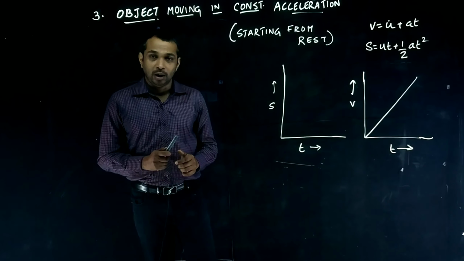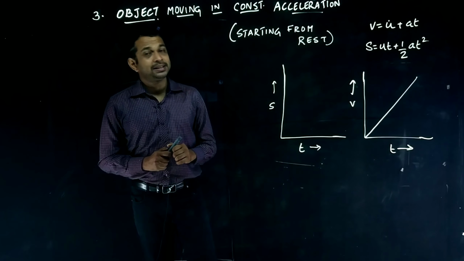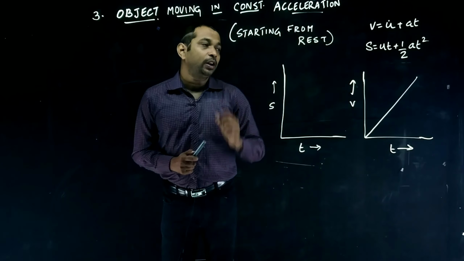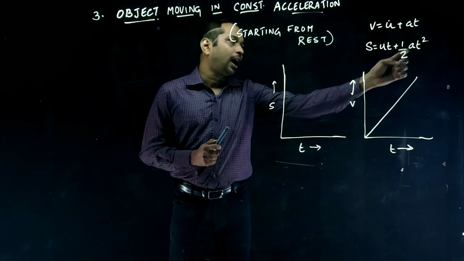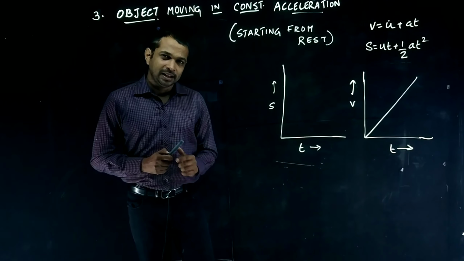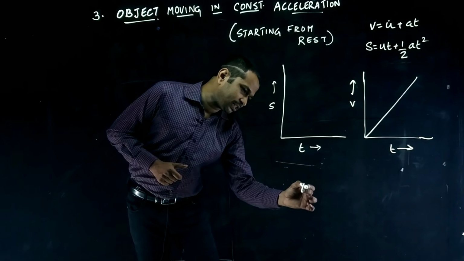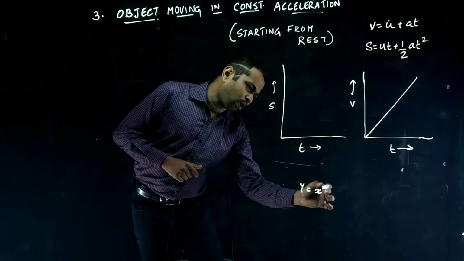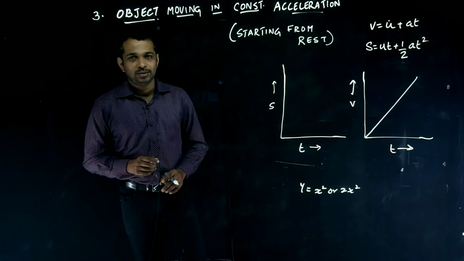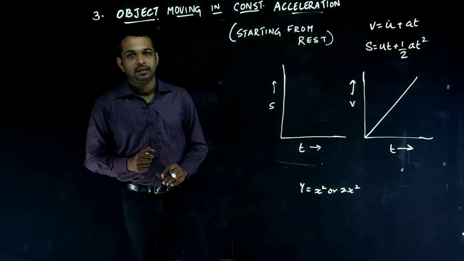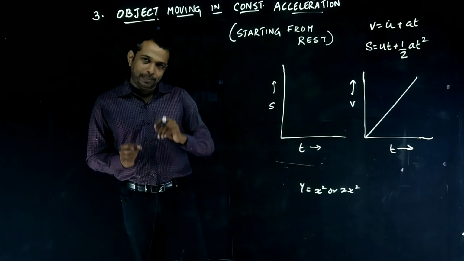Okay. Now when it comes to the distance time graph, here also the initial velocity is 0, so here ut has got cancelled. You have got half at square, by which the equation will look like y is equal to x square or 2x square or something like that, by which you have understood that this is a second degree equation and the graph will be a parabola.